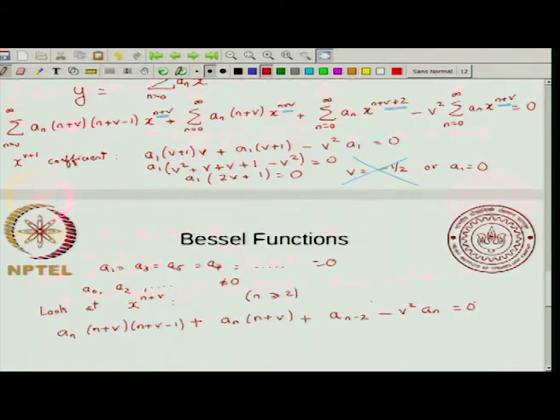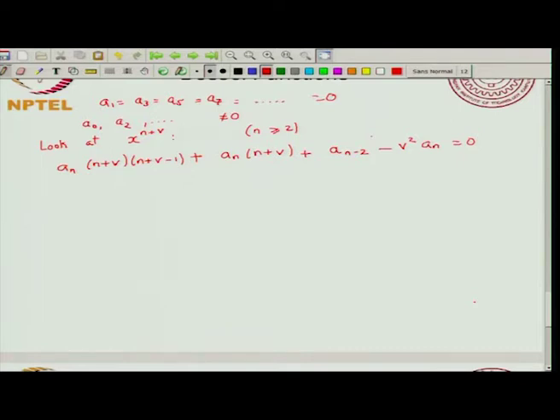This gives you an equation that relates a_n equal to minus a_{n-2} divided by (n plus v)(n plus v minus 1) plus (n plus v) minus v squared. That is equal to minus a_{n-2} divided by (n plus v) whole square minus v squared.